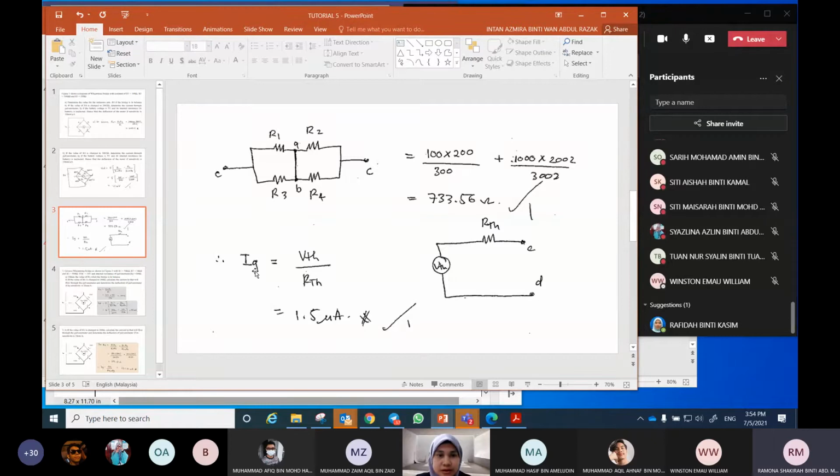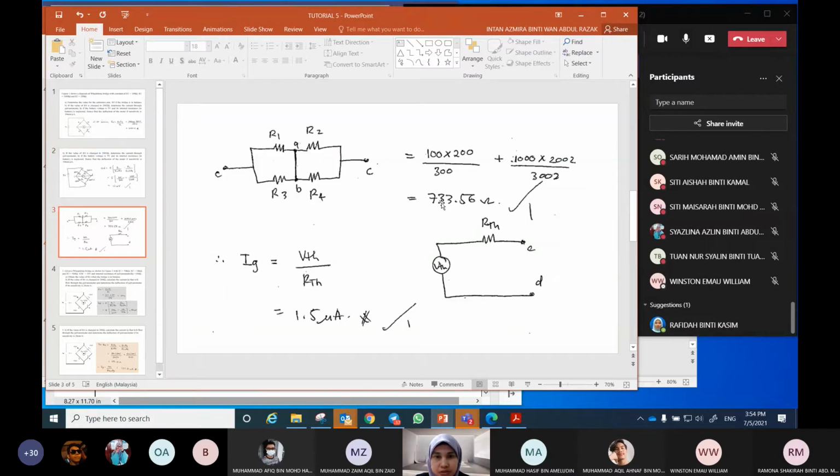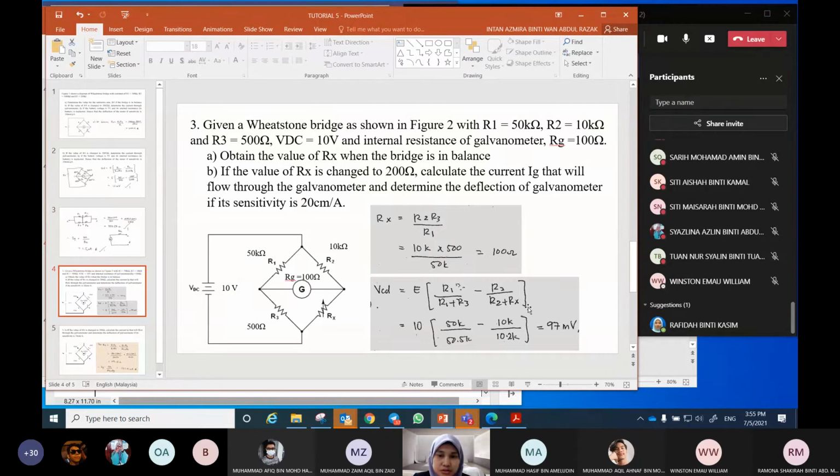Okay, so I of the galvanometer is equal to V divided by R. So V is 1.1 milli divided by this R. So we get 1.5 micro. It is a very small current flowing through the galvanometer, but it contributes to the unbalanced condition of the bridge. Okay, this is the next question.